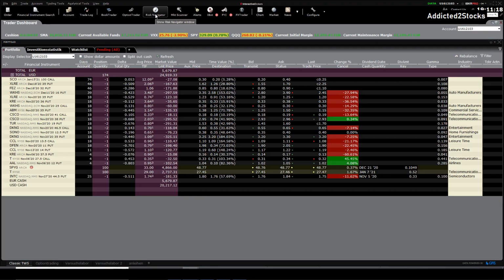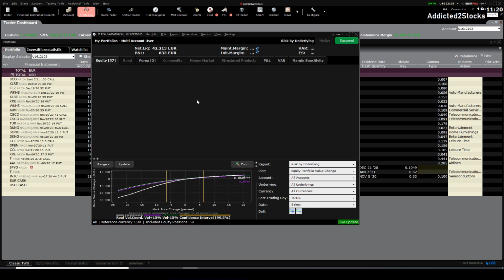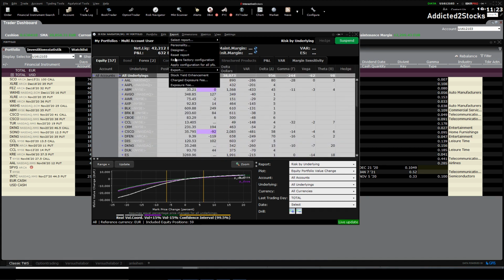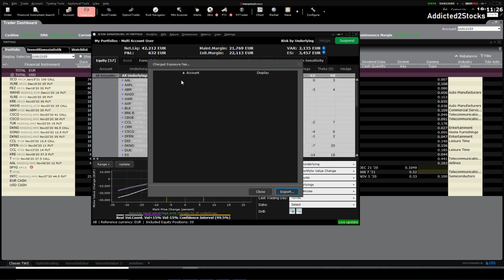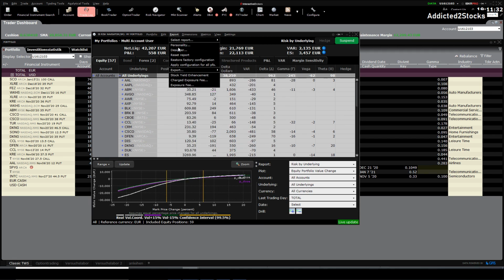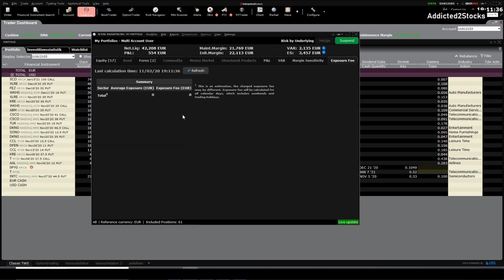Therefore, you have to press on Risk Navigator, go to Report, and then you can see Charged Exposure Fee. I think here you can find the overall exposure fee which you had to pay, and if you press on exposure fee, you see the current exposure fee you have, and in my example, it is 0.